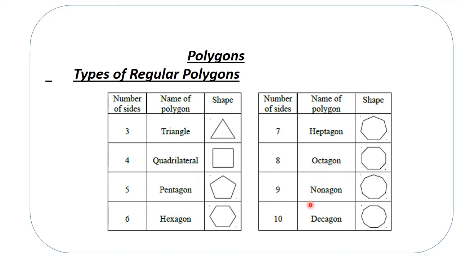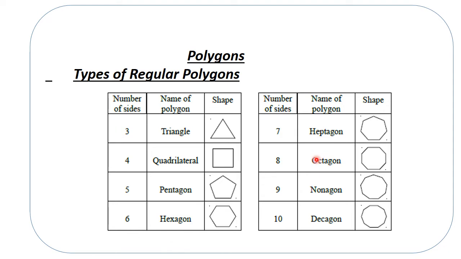If you look closely, octagon, nonagon, and decagon sound like the last 3 months of the year: October, November, December. Though October is not the 8th month but the 10th month.